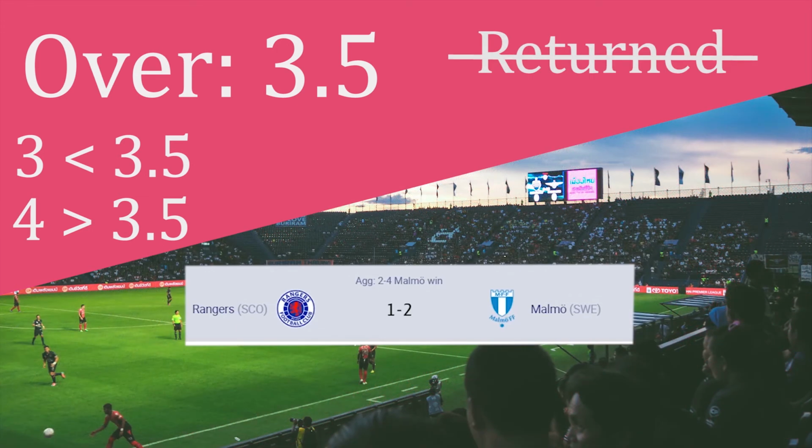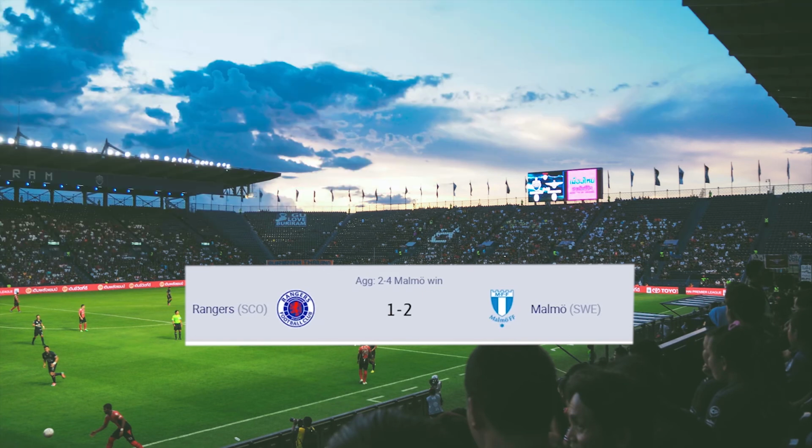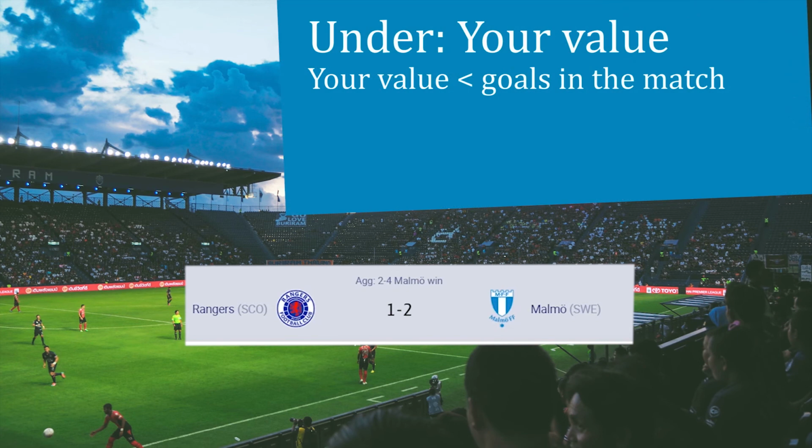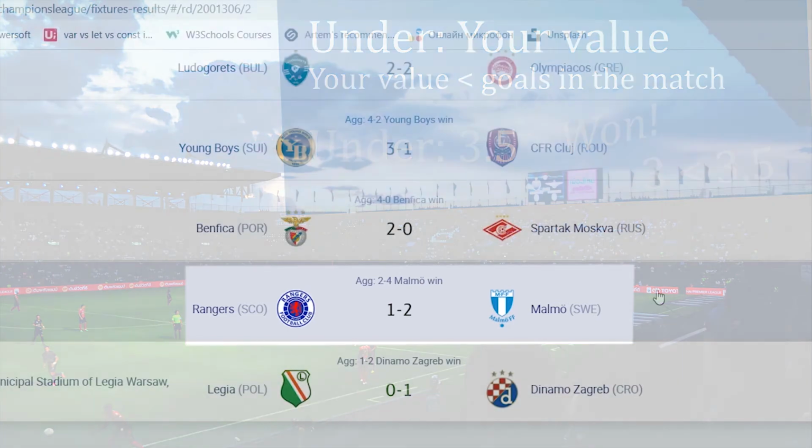Definitely, the bet cannot settle as returned, only as won or lost. Things work identically for the market under. You just bet that there will be fewer goals in a match than your chosen value. For example, if for this match you had chosen under 3.5, you would have won the bet because there were less than 3.5 goals in the match.